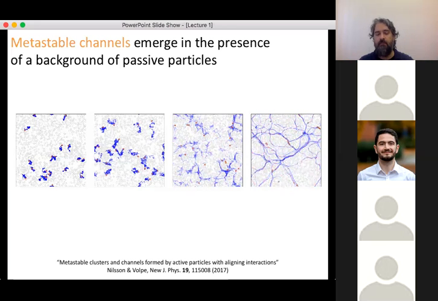So the passive particles are not aligning the active particles, they are only obstacles in this case? They are aligning the active particles according to the rule that I showed before. But obviously they are not being realigned by the active ones; well, they could be, but it will only make them rotate. It will not change their motion because they don't have active motion. But the rule between all particles is the same, and it's the one I showed you 2 slides ago. Okay. But that's a very good point.